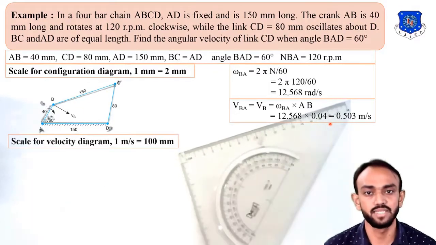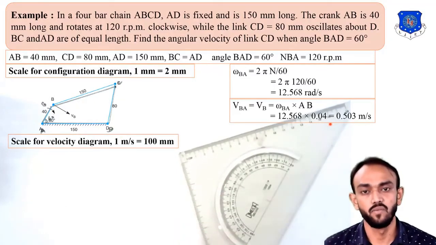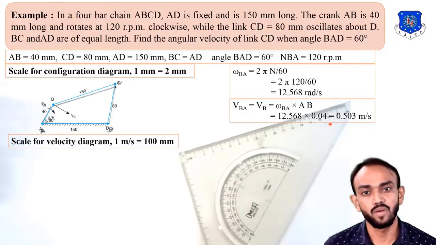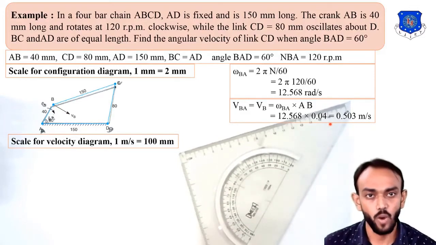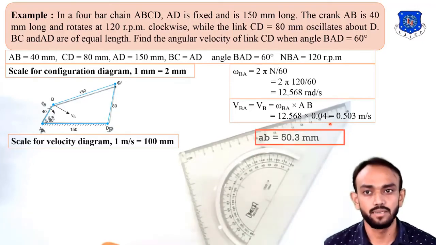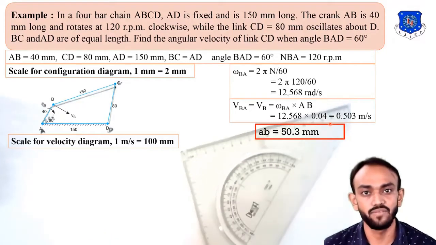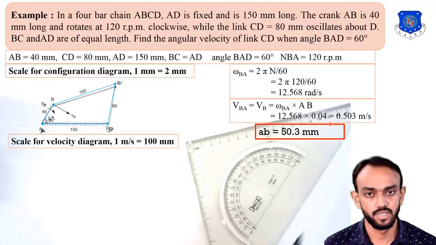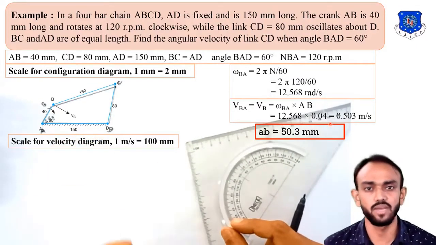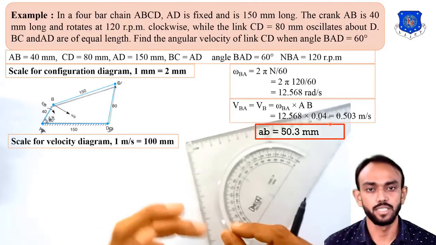This is the scale I have decided. So what will happen here? 0.503 meter per second, we just multiply by 100 and we can find this AB vector, or the velocity of B with respect to A vector, as 50.3 mm, which is very easy to draw.